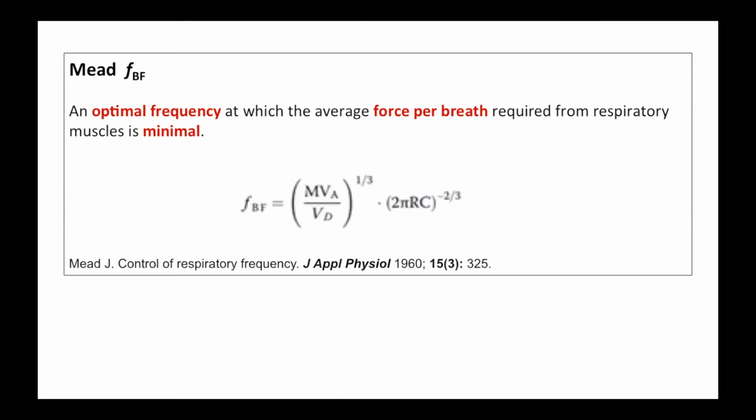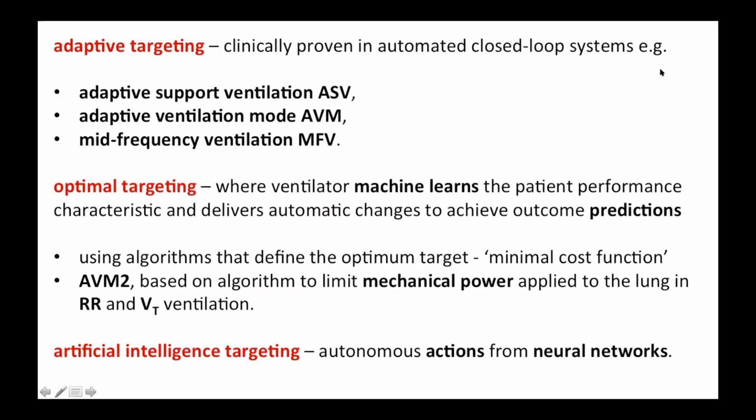And these have now been taken on through technology and enabled us to achieve the first one about 20 years ago, called adaptive targeting, which has now been clinically proven in automated closed loop systems. For example, adaptive support ventilation, adaptive ventilation mode, and mid-frequency ventilation.